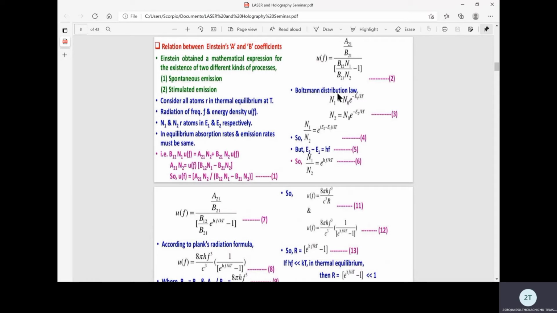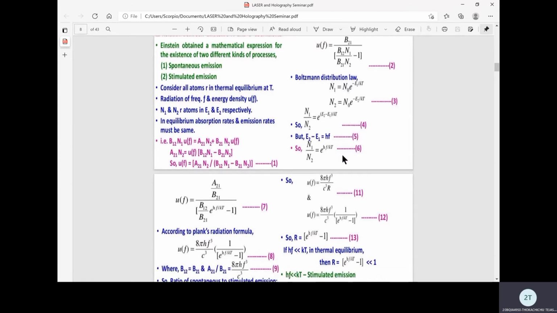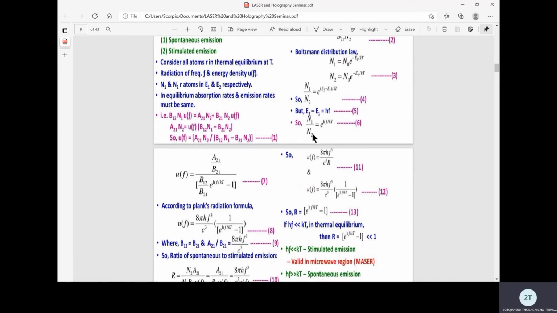Now by Boltzmann distribution law, we know that N1 equals N0 e power minus E1 by kT, and N2 equals N0 e power minus E2 by kT. By dividing these two equations, N1 by N2 equals e power E2 minus E1 by kT, where E2 minus E1 is the energy resulting from the transition of electrons, which is h mu, as we saw in the earlier discussion of spontaneous and stimulated emissions.